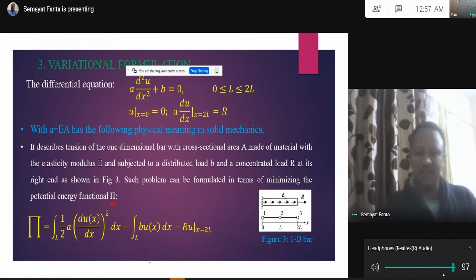So this is the potential minimization technique of the variational formulation.